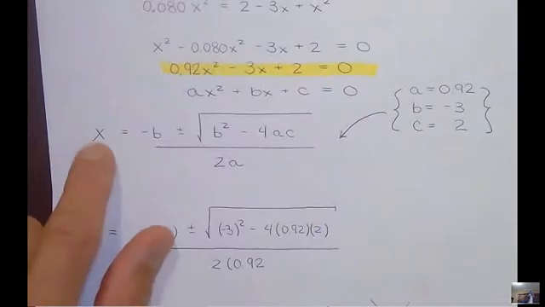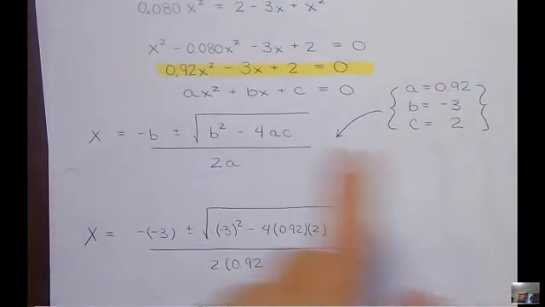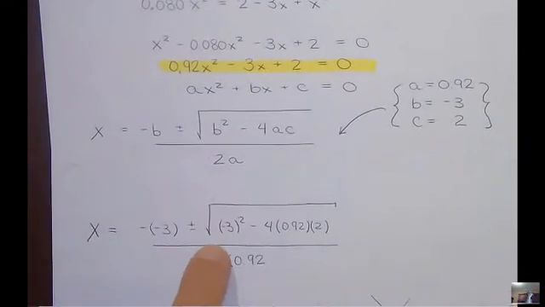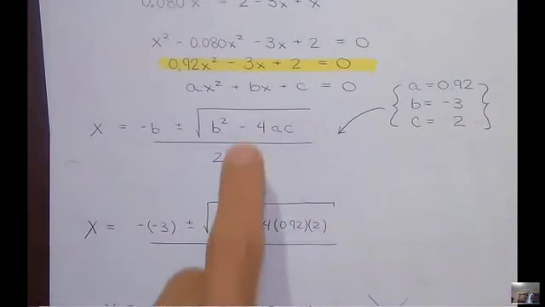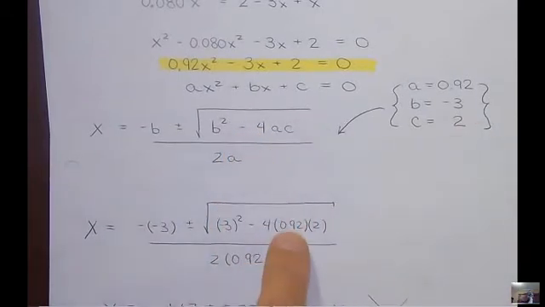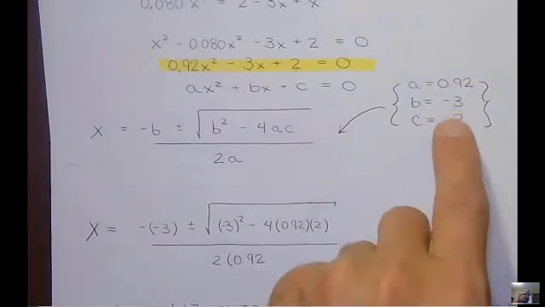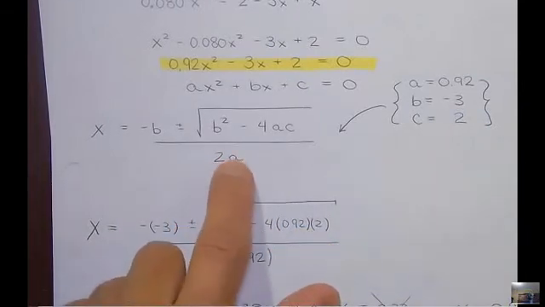So the quadratic equation says x is going to be equal to minus the coefficient of B, which is negative 3, plus or minus the square root of the coefficient of B squared, so negative 3 squared, minus 4 times A times C. Here's A, here's C. Close this parentheses down here, all divided by 2A.